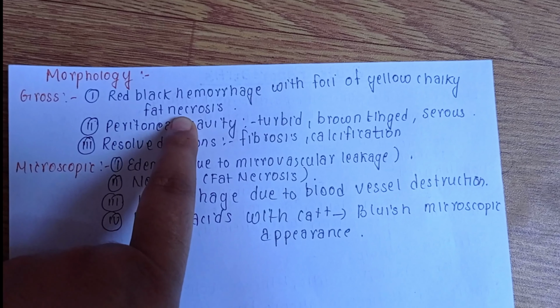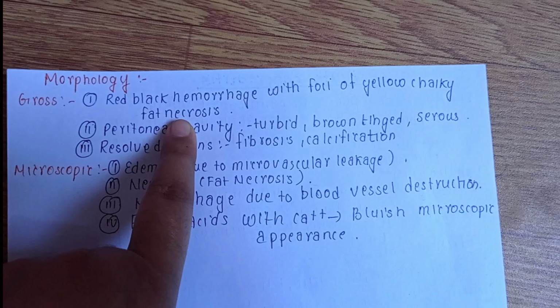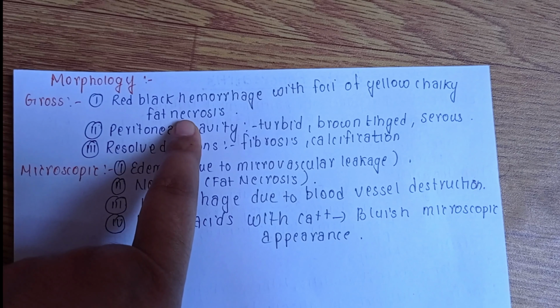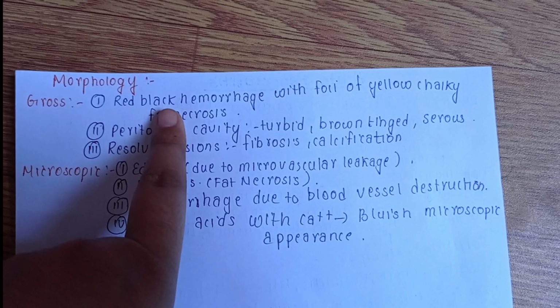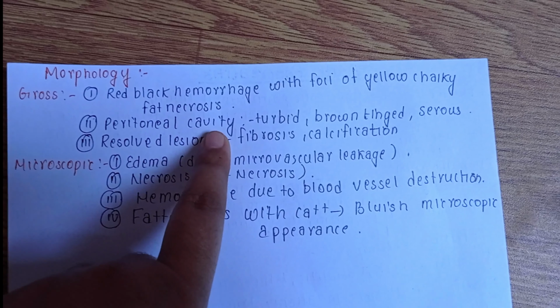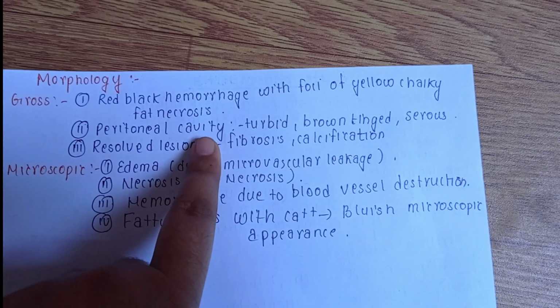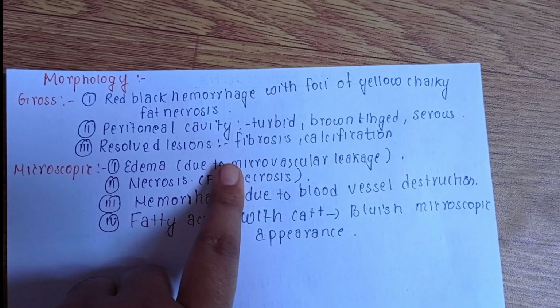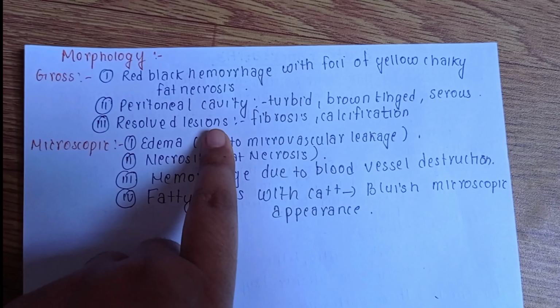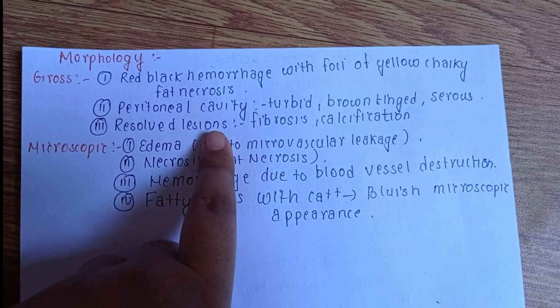So in the pancreas, we can see the lesions or foci of chalky fat necrosis along with the red-black hemorrhage. Then the peritoneal cavity appears turbid, brown-tinged and serous, and the resolved lesions show fibrosis and calcification.